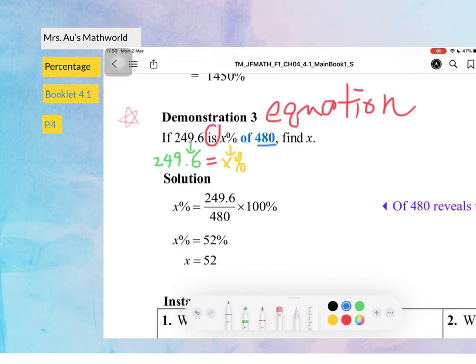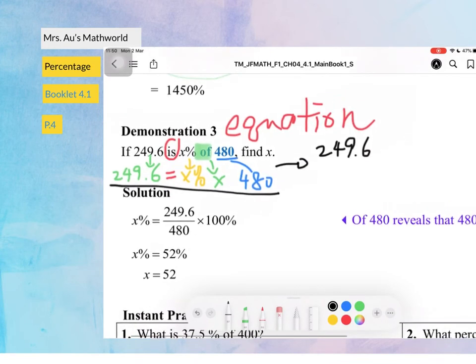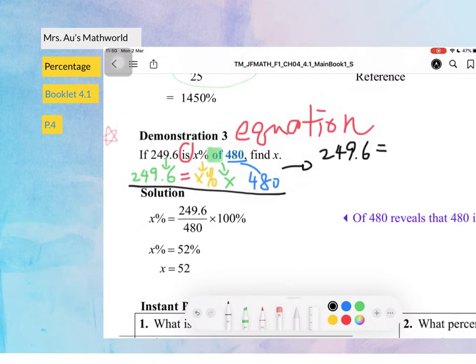So X% of 480. Copy the number first. Whenever you see of, it is for multiply, and is means equals. This is the English version of equal.